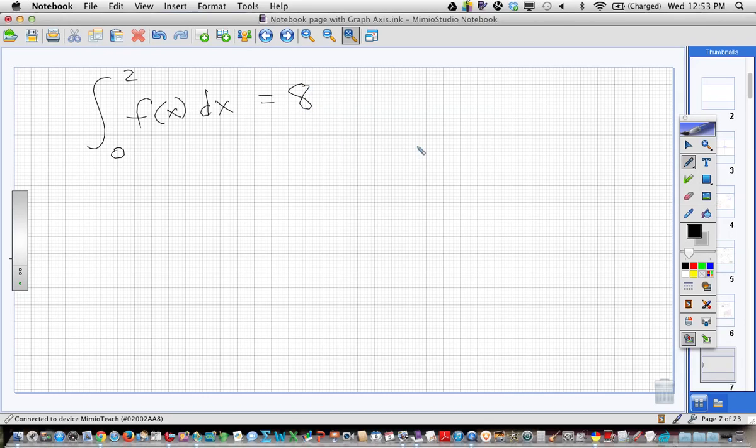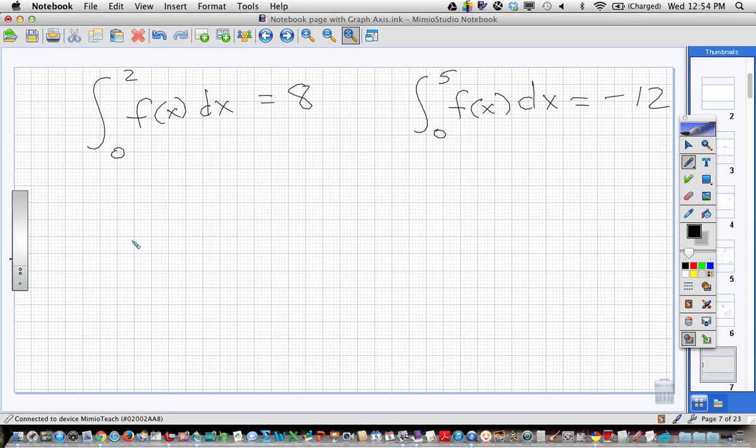All right, the area from 0 to 2 is 8. And you'll also be given that the area from 0 to 5 is negative 12.